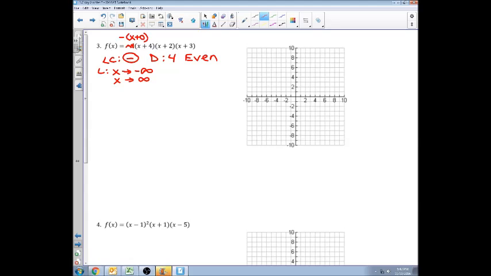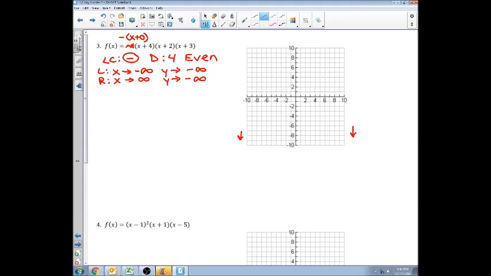So the top row is my left side. The bottom row is my right side. Y approaches, y approaches. Now even, based off our rules from yesterday, if I have an even degree, then I'm going to follow my leading coefficient for both of my y's. So both of my y's will be negative. That means the left-hand side opens down and the right-hand side opens down.